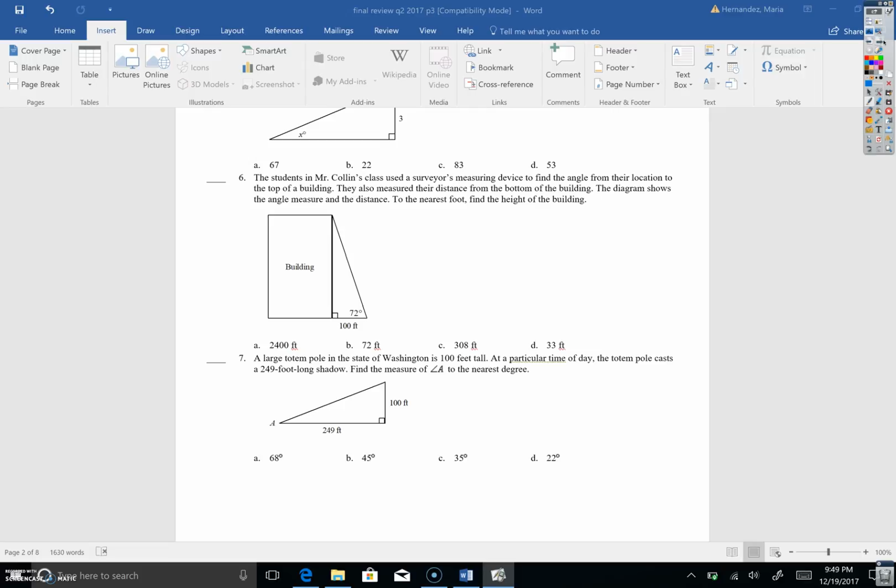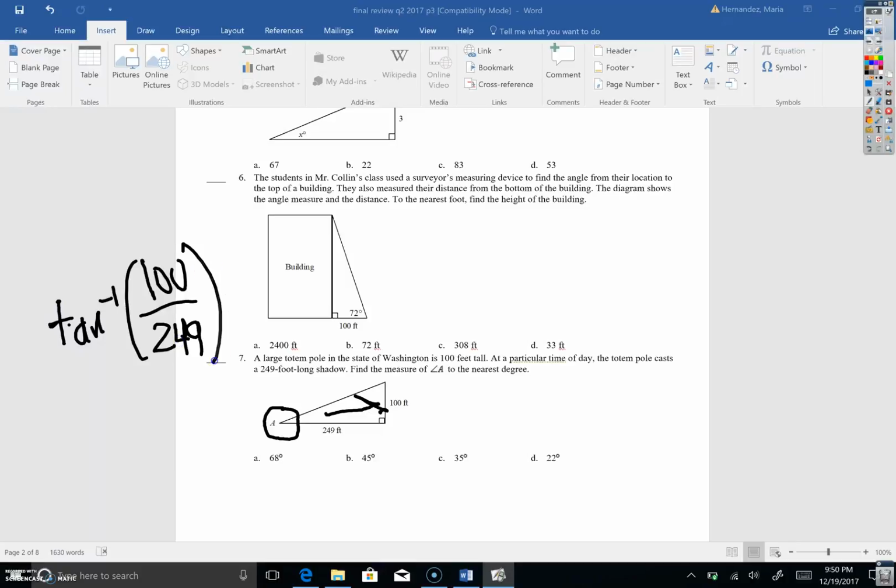We have the totem pole problem. Okay, they're asking for angle A here. So we have opposite over adjacent. So again, we're going to use tangent. Remember inverse, -1 of 100 over 249. Okay, we do that. I think we get 22 degrees.